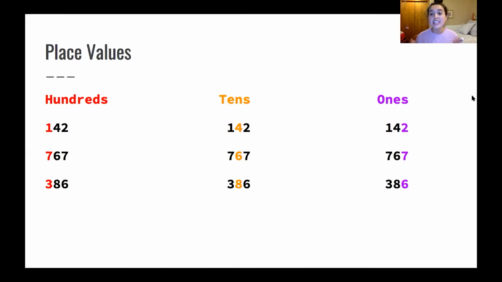We have 3 digits here, so we know we have at least one group of hundreds, okay? So let's see. In that place value, the third spot over there to the very left, how many hundreds do we have in that number? 7. We have 7 hundreds.